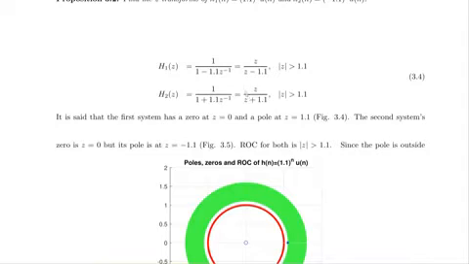H2 of z will have a 0 at the origin and a pole located at minus 1.1. Again, the ROC is similar. The first system has a 0 at z equals 0, the origin of the figure, and a pole at z equal to 1.1, figure 3.4.